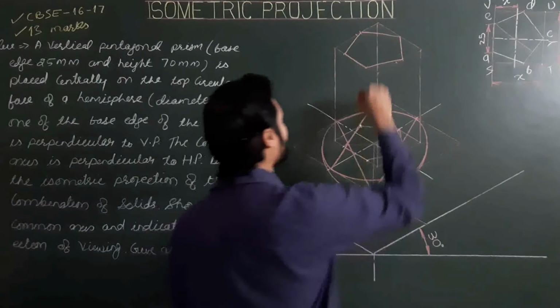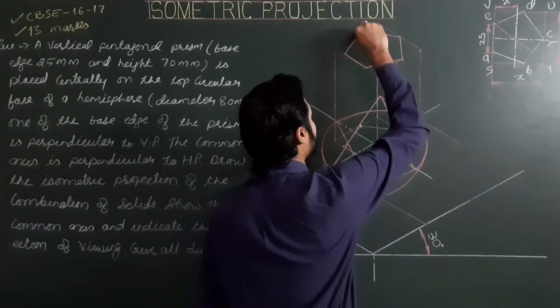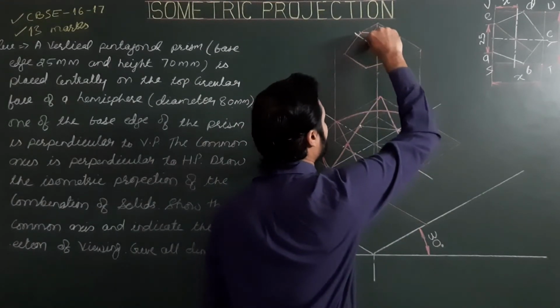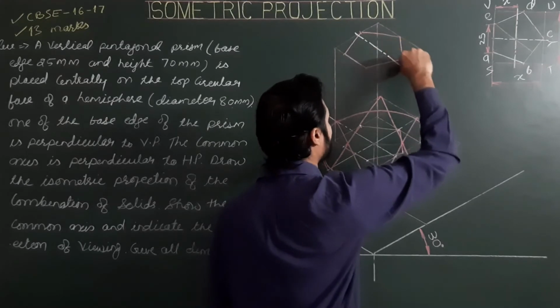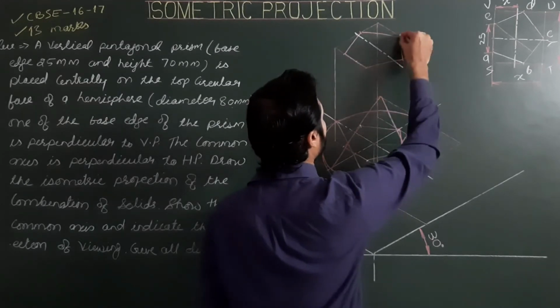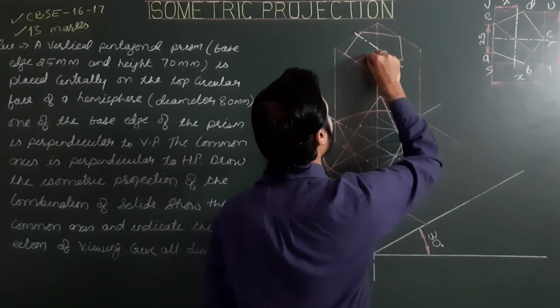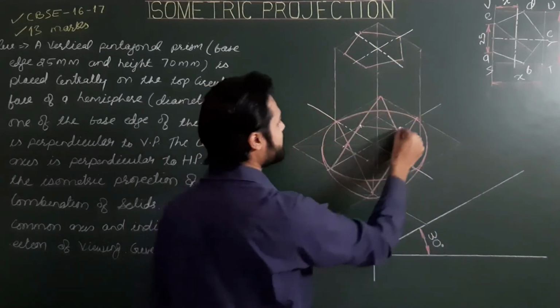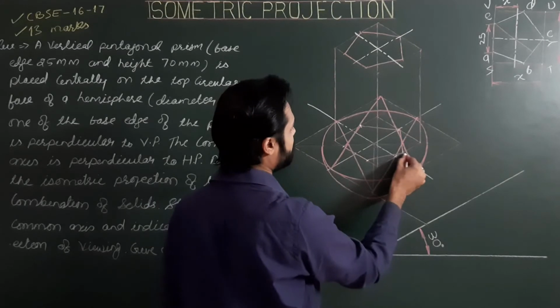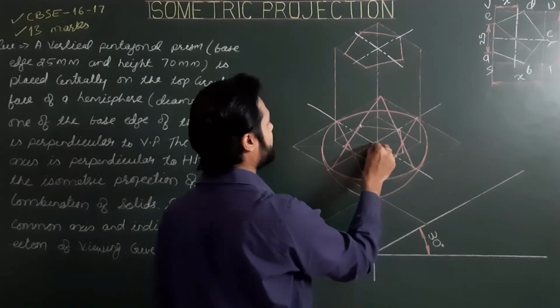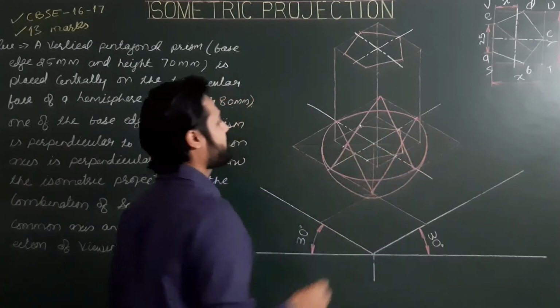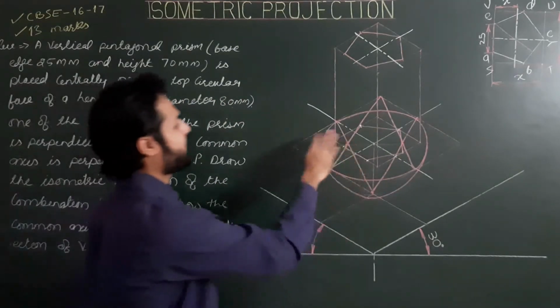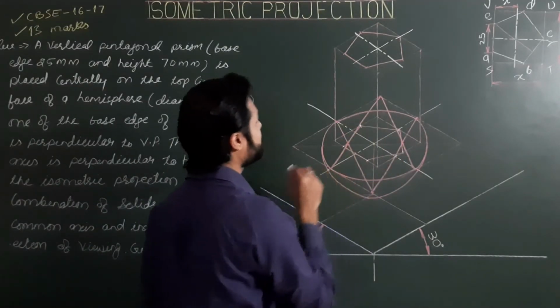Next, drawing center lines for the upper and lower pentagonal base. For the bottom base, the same set of center lines.